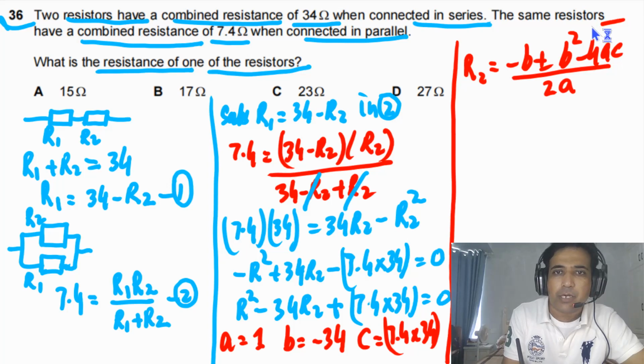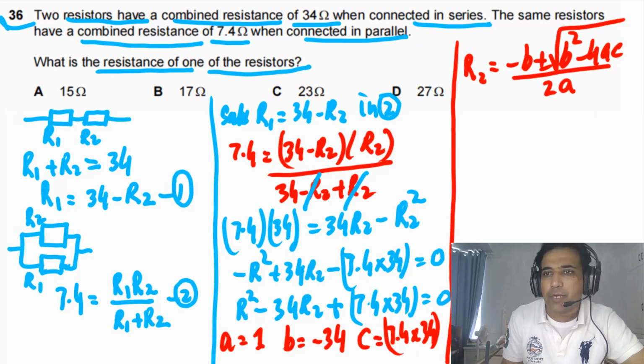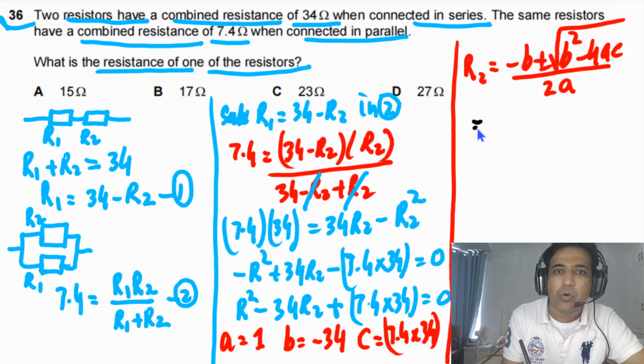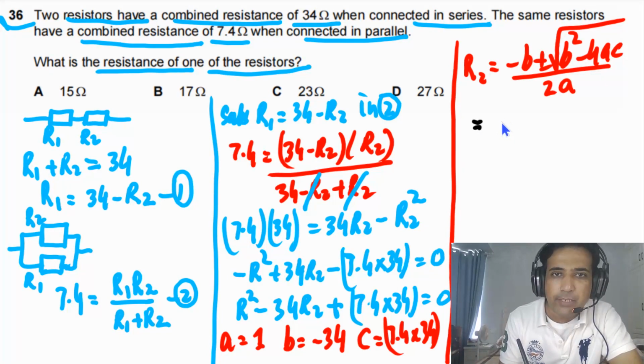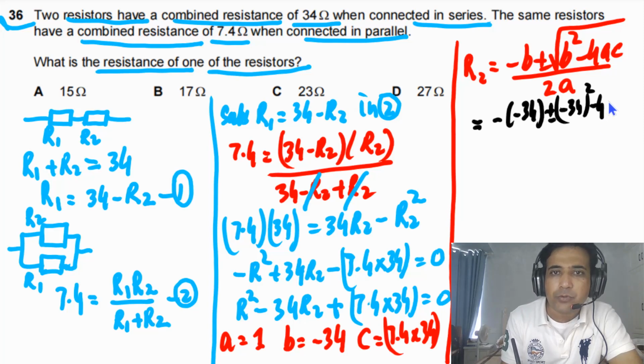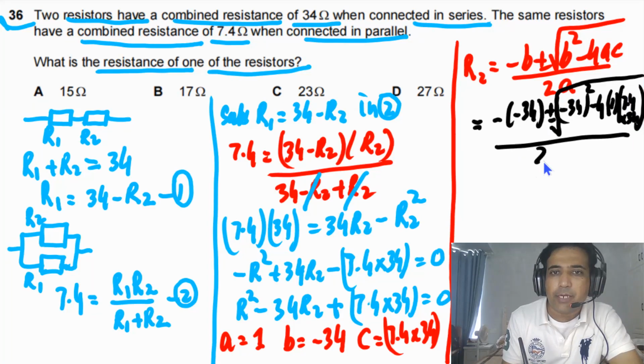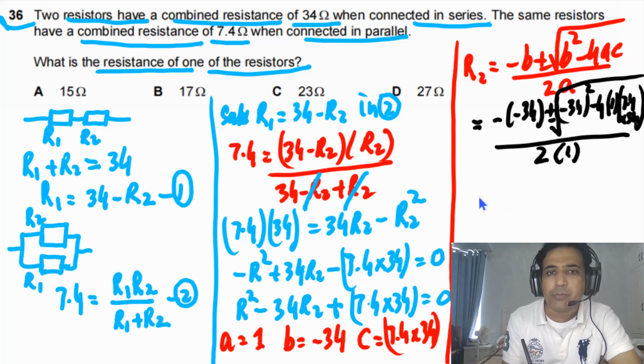Now we need to plug in values and we can find the value of R2. B is minus 34, so minus B is 34, square, minus 4 times A, which is 1, times C, which is 7.4 multiplied by 34, the root of this, divided by 2 times A.